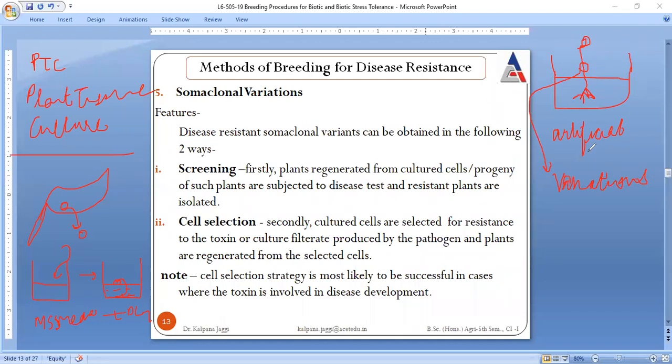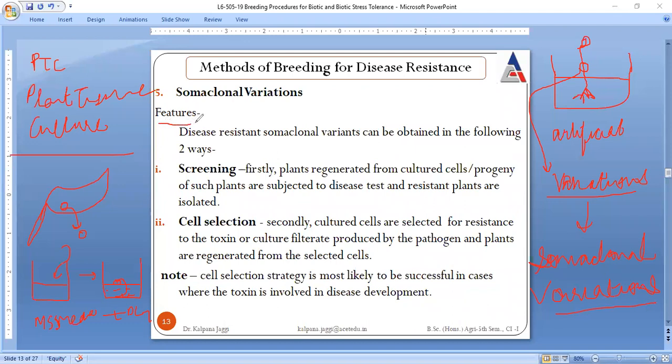These variations take place at the time of growth of the plant from a small part of the tissue, and these are the variations which are said to be Soma clonal variations, right? This is Soma clonal variation and the basic concept of plant tissue culture. Now I will enter into the Soma clonal variations.